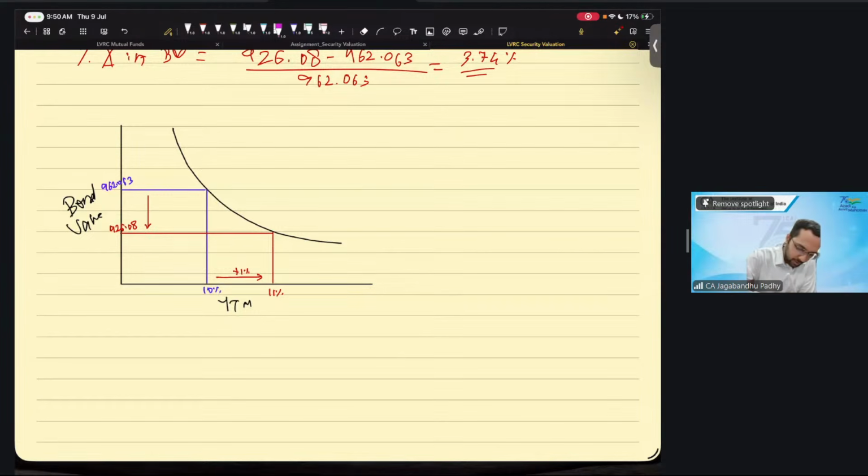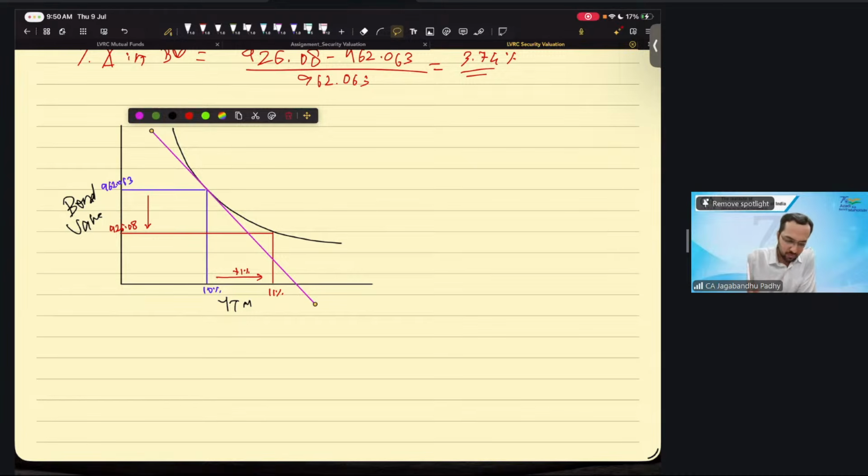At your YTM you can have a tangent line like this. This is your point of tangency, and this is essentially denoting your modified duration line.